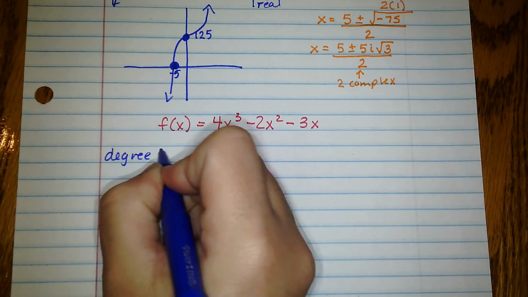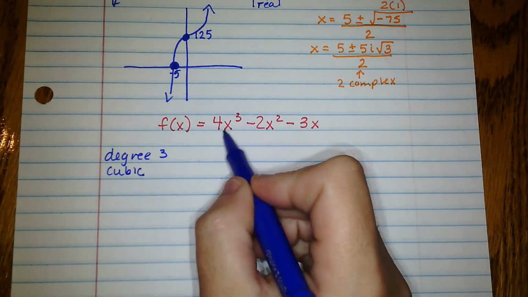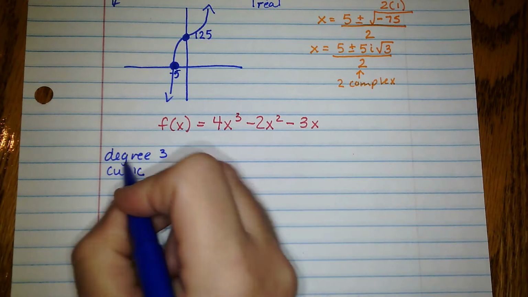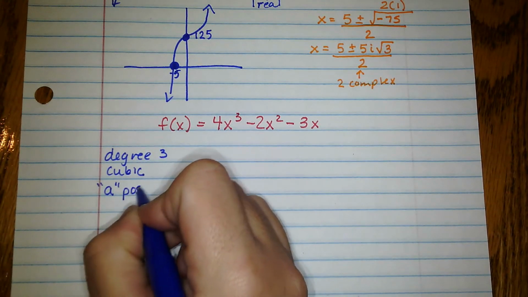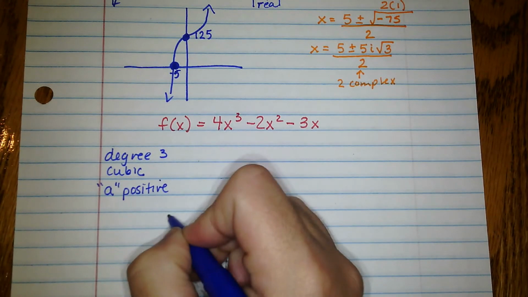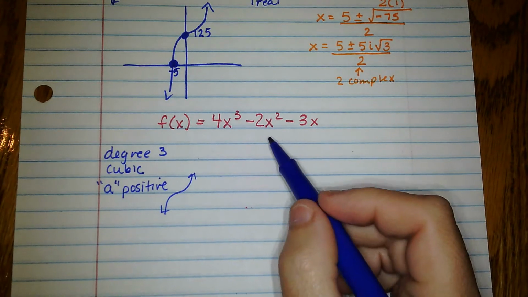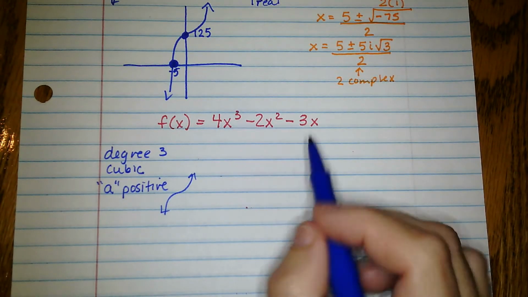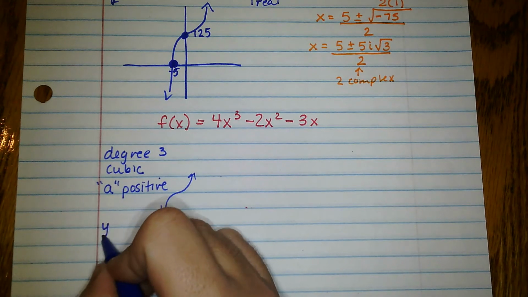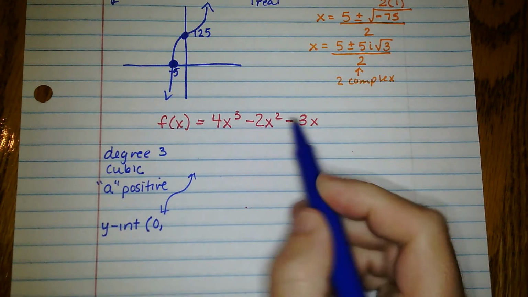So because the degree is 3, it's going to be a cubic. I also know that my a value is positive, so that means that I am going to have something that resembles this. But when I go to look for a y-intercept, there's no constant.